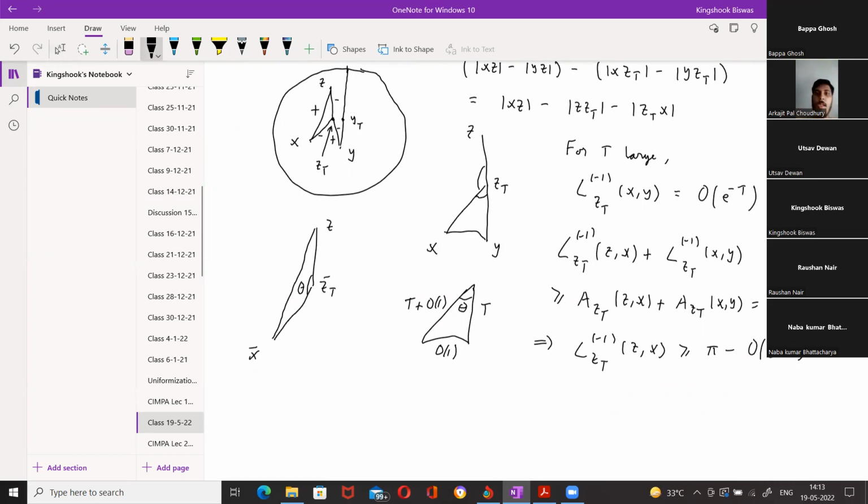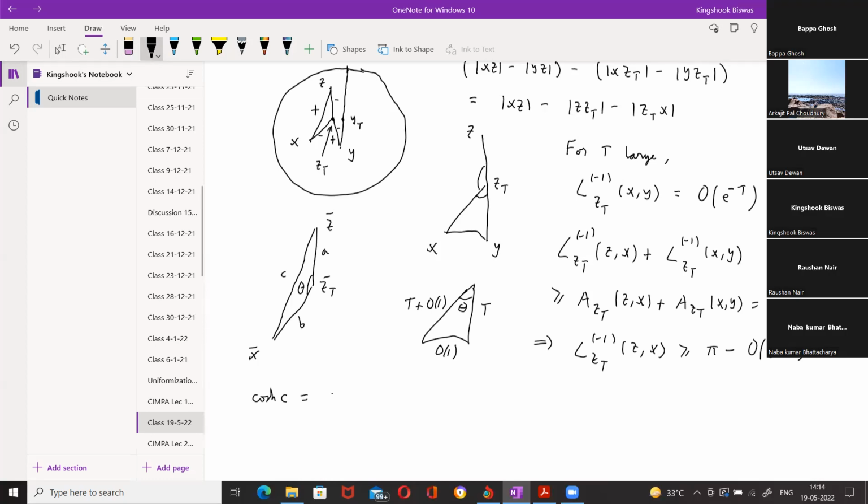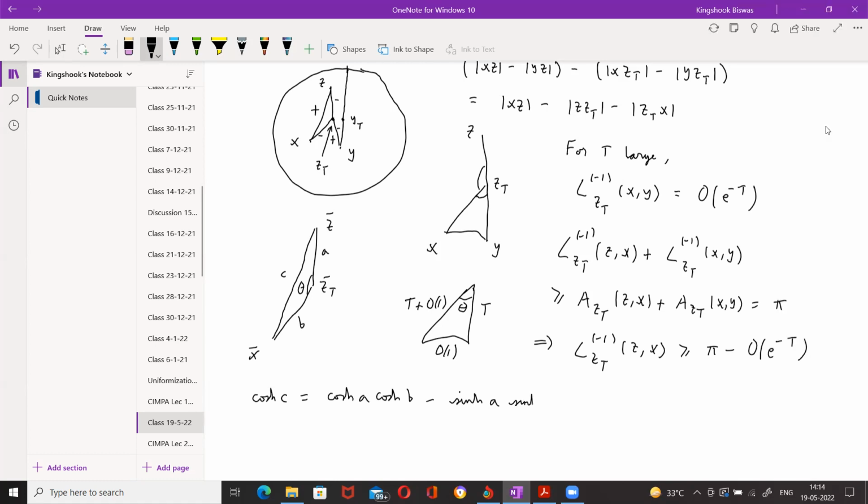If this side is C and this side is A and B, then I can write cosh C is cosh A cosh B minus sinh A sinh B cos theta.